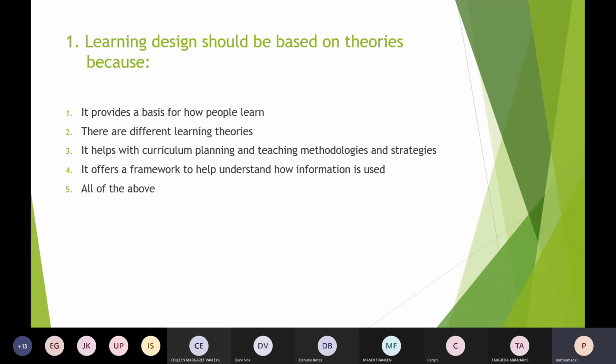What are teaching methodologies and teaching strategies? It's the different ways you use to get the information across to the children by engaging with them and providing them with activities and interactive ways of getting them to grasp the concepts and the skills.